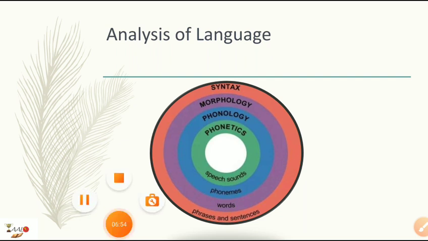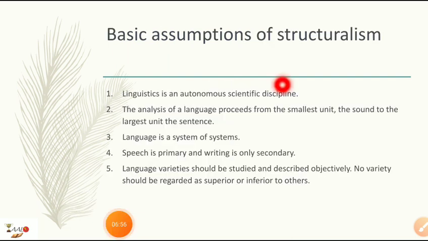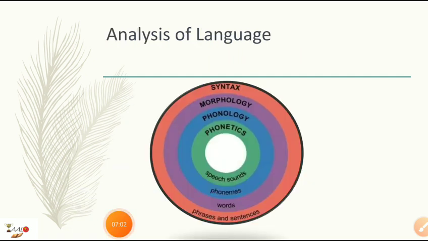Now moving on to the next point, language is a system of systems. Again, using the same diagram, we can say that language is a system of systems. It is a totality made up of units or elements which are interrelated at various levels.